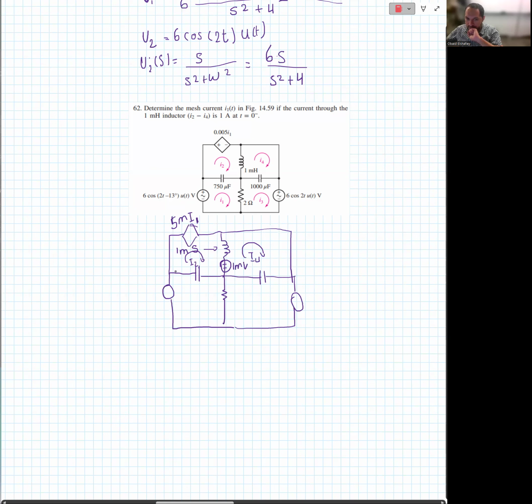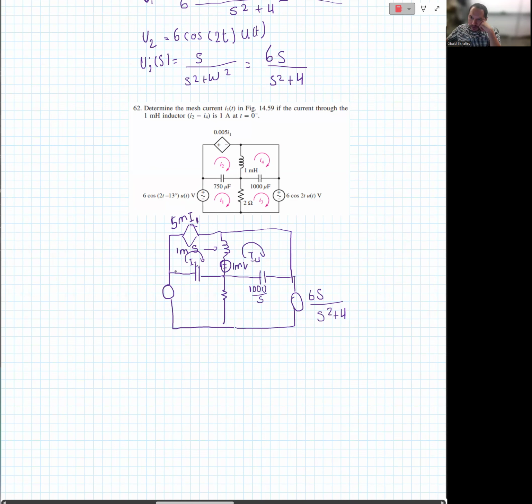For this capacitor, 1 over CS, which is 1 over 1000 micro, is 1000 over S. Then 6S over S squared plus 4.